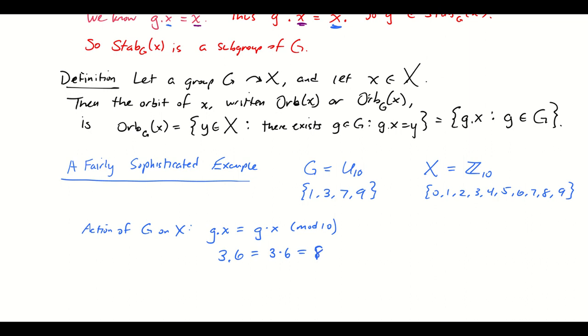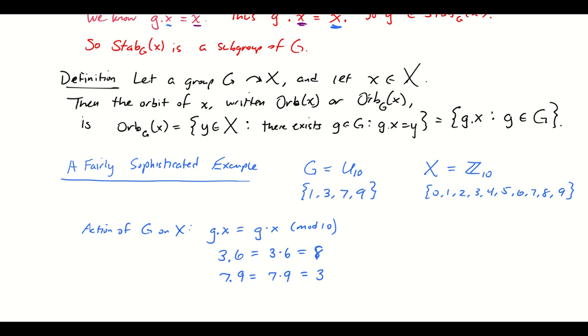I'm going to use the equal sign to mean belongs to the same congruence class, not actually is numerically equal. All right, so 3 acts on 6 to produce 8 because 3 times 6 is 18. 18 mod 10 is 8. Just to have one more example, 7 acting on, let's say, 9 is 7 times 9 mod 10, which is, well, that's 63, but that's congruent to 3. Okay, so I claim that this is an action of G on X.